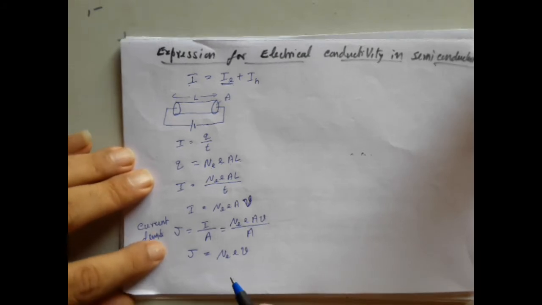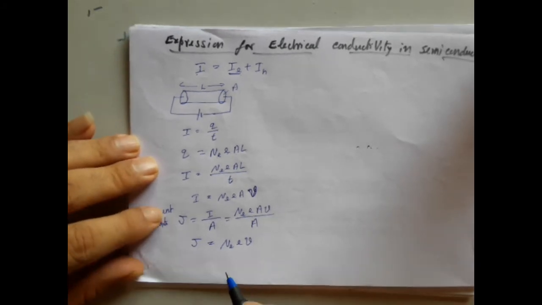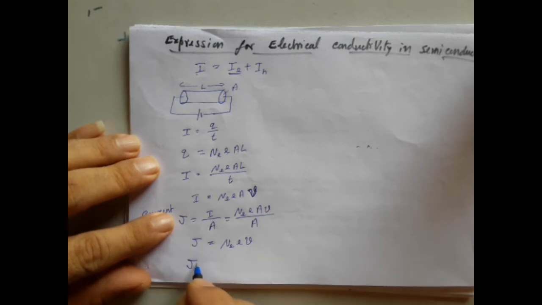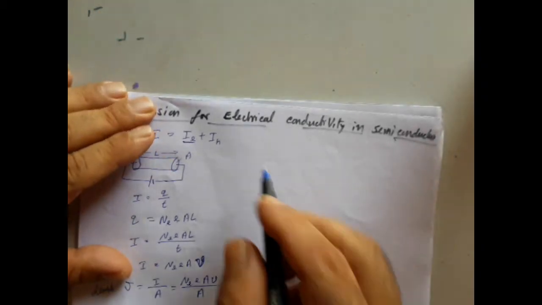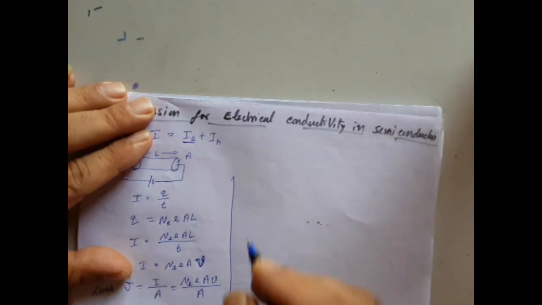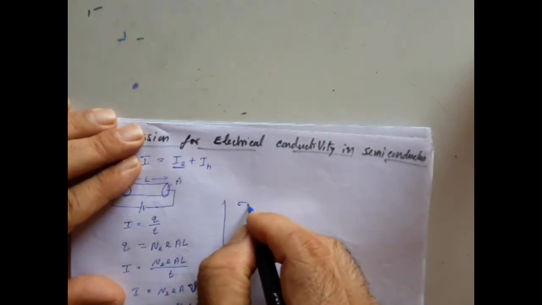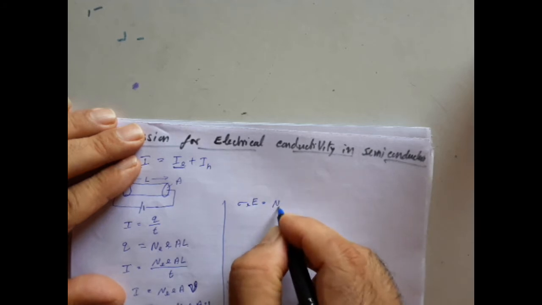But according to Ohm's law, we already learned that current density is also equal to the conductivity into the electric field, where sigma e is the conductivity due to the electrons. Therefore, I can equate these two equations. Therefore, I can write sigma e into E is equal to Ne into e into v.